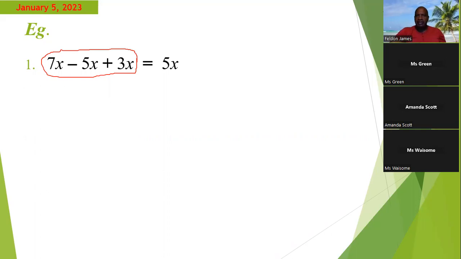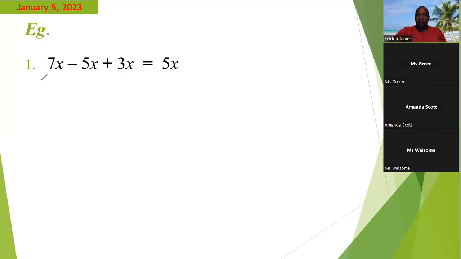Is that clear, guys? So you may have an expression with like terms, or you may have an expression with unlike terms. The expression with like terms, you can simplify by adding the coefficients, and then it would be simplified into a single term.